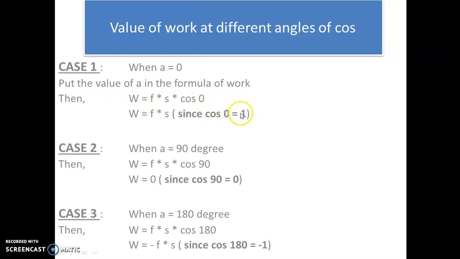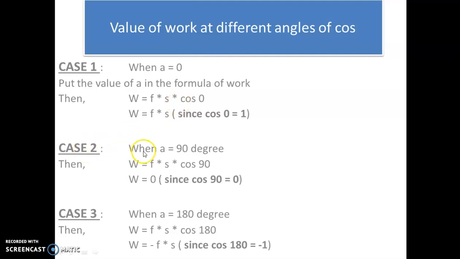Since cos 0 is 1, W will be F into S. This is the maximum. If the question asks you to state a condition when the work is maximum, you have to write that when the angle between the force applied and the displacement is 0, that is, when the displacement is in the same direction as the force, the work done will be maximum.